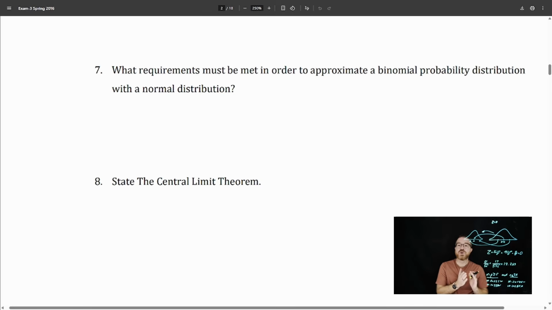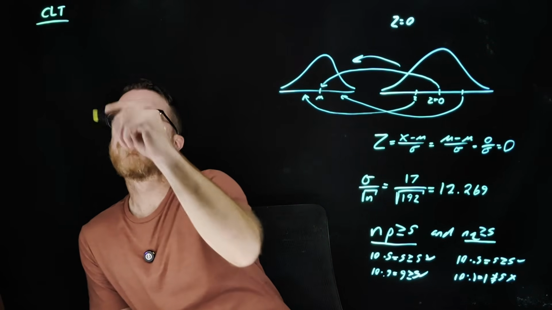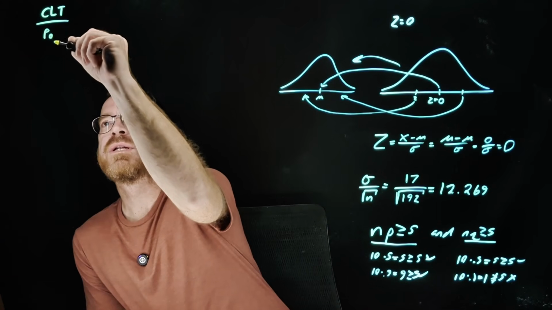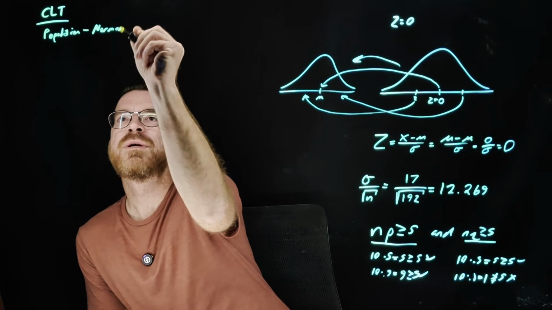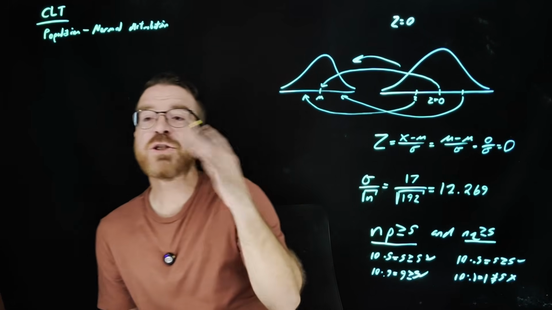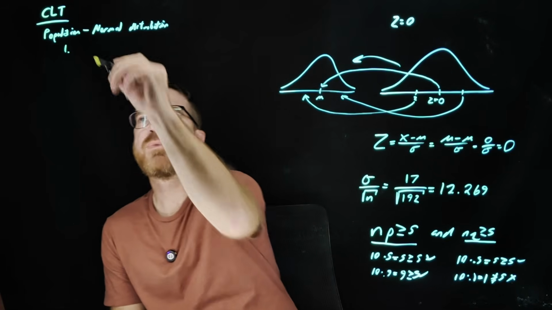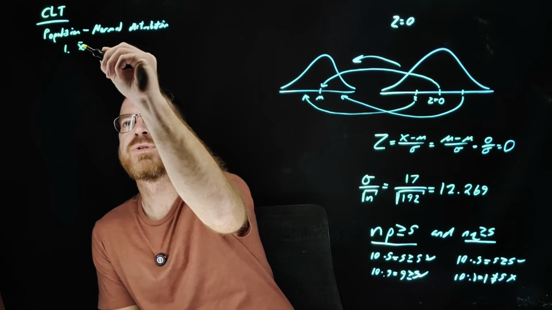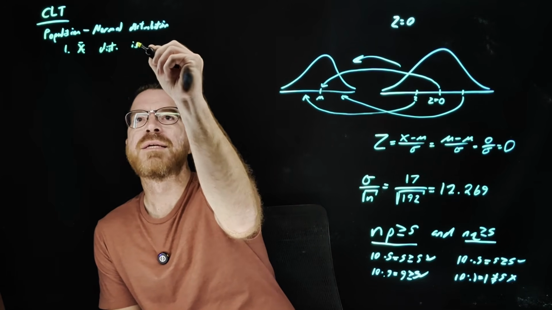Number 8 asks us to state the central limit theorem. I'm going to shorthand it here, but there are two main parts to the central limit theorem. First, if our population is known to come from a normal distribution, then we have a few things. One, our distribution of sample means, the X bar distribution, where this is capital X bar, is normally distributed.